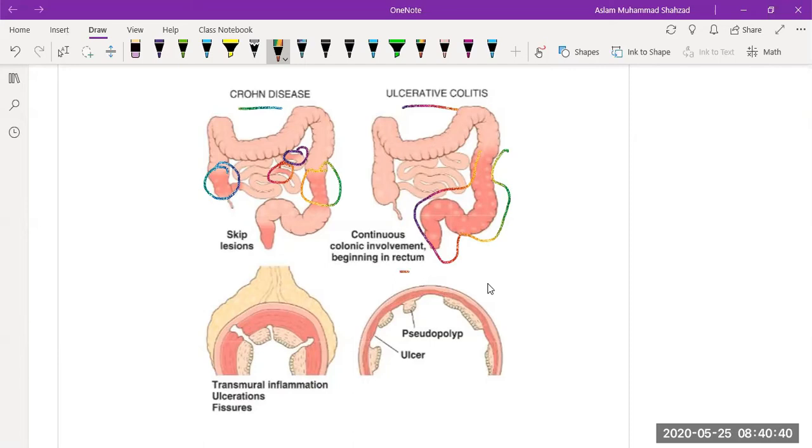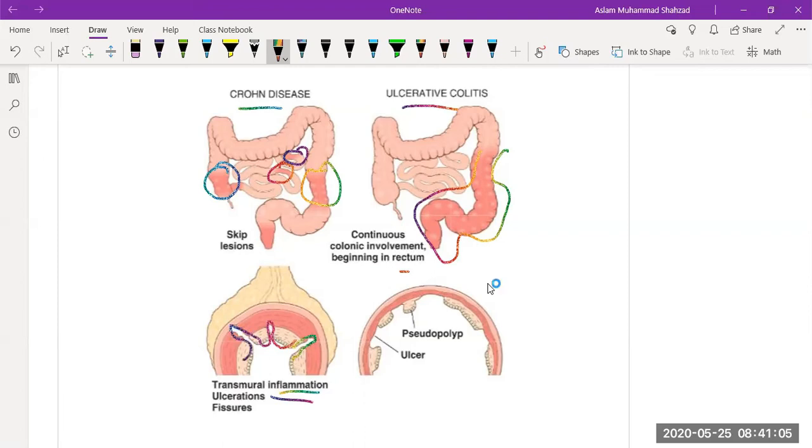Then we can see that the inflammation will be transmural, and ulceration will be found. Why do we mention transmural? It means that it can go through different mural surfaces with ulceration and fissures.